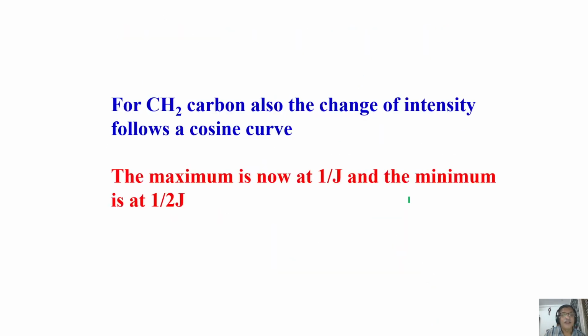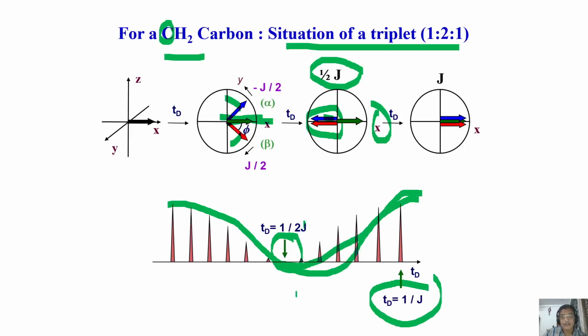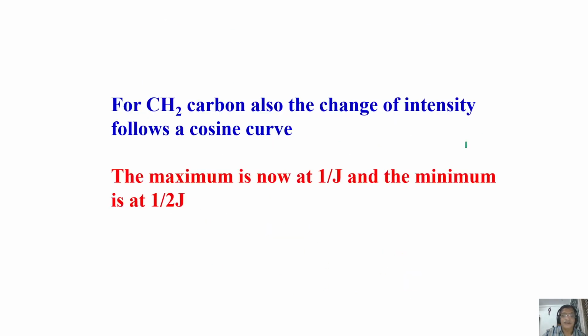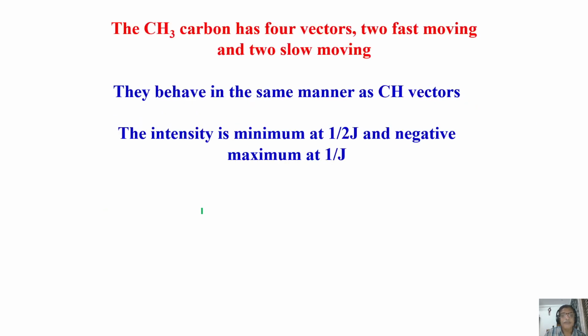So for the CH2 carbon, you can monitor the change in intensity. It follows a cosine curve, but not like this. It is positive, so it follows a different pattern. The maximum is now at 1 over J and the minimum is at 1 over 2J.